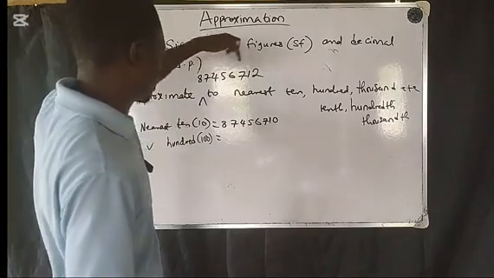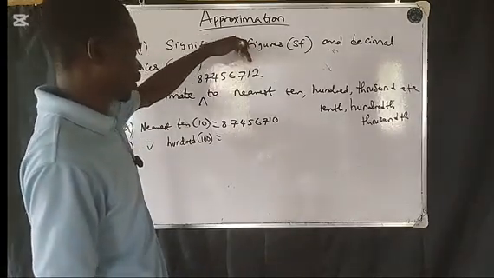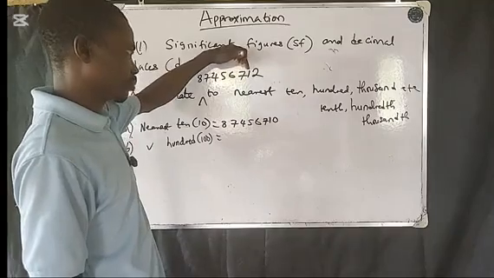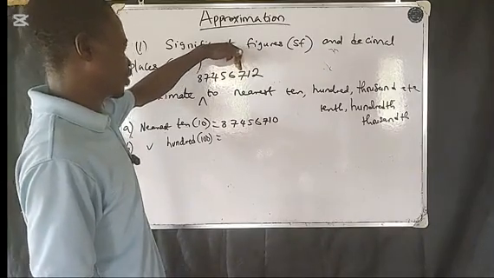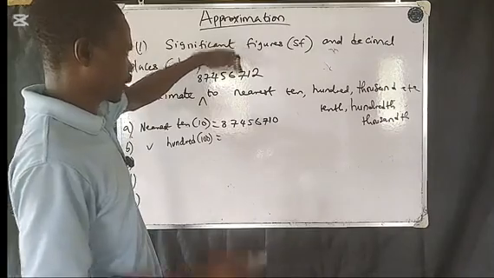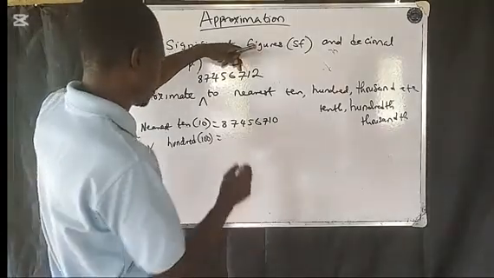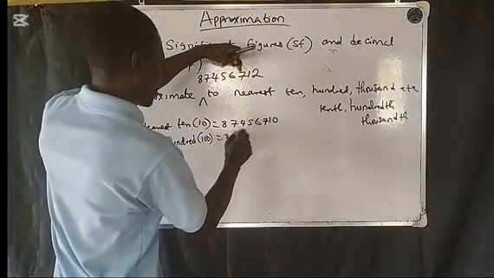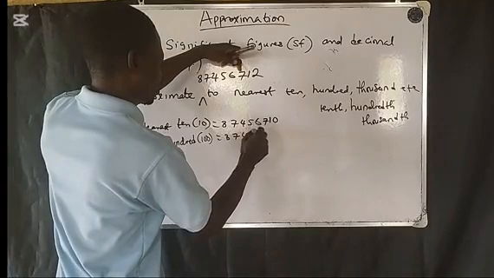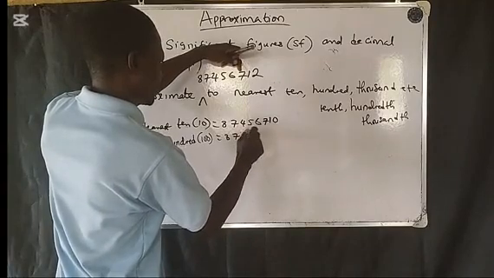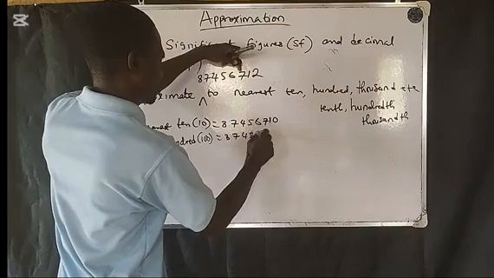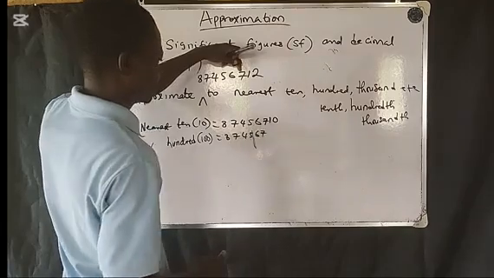Nearest 100, here is the unit. Here is tens. Here is 100. So for nearest 100 we stop here. So let's write 8 7 4 6 4 5 6 7.